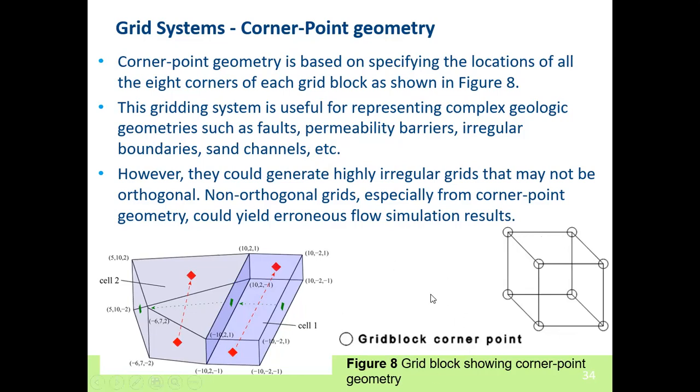One challenge with this system, though, is that for some highly irregular grids, it may tend not to be orthogonal, and for non-orthogonal grids, it could yield some errors in your flow simulation results. However, many simulators have a number of correction factors which are used.